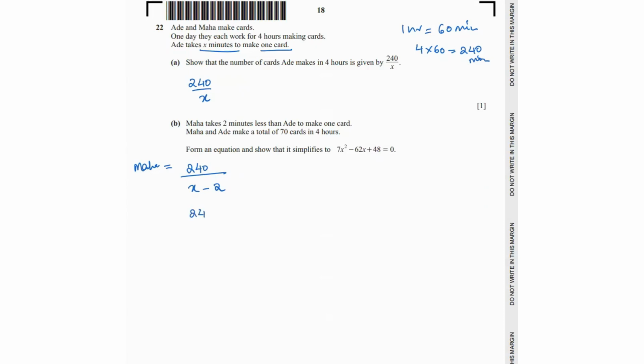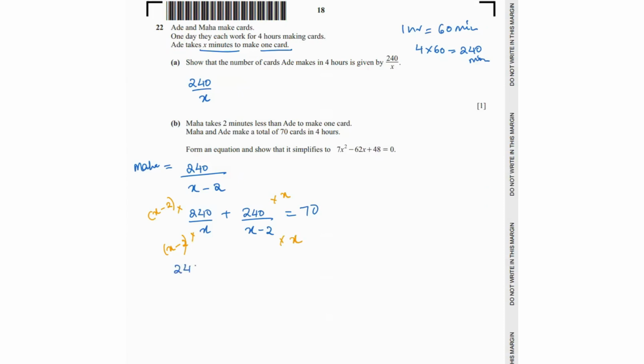So 240 over x plus 240 over x minus 2 equals 70, because this is showing us the number of cards. When you're adding or subtracting fractions with unlike denominators, we have to make the denominator the same. So I multiply the first fraction by x minus 2 and the second fraction by x.